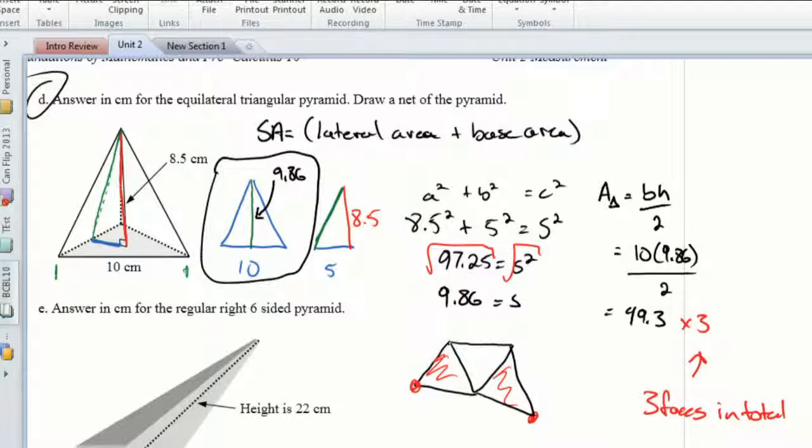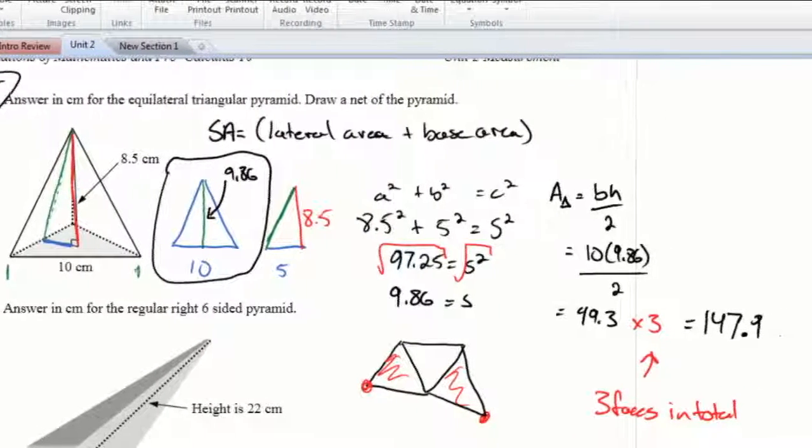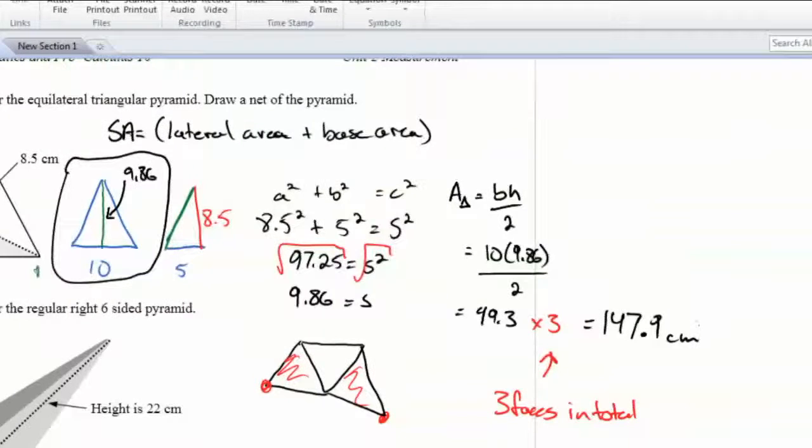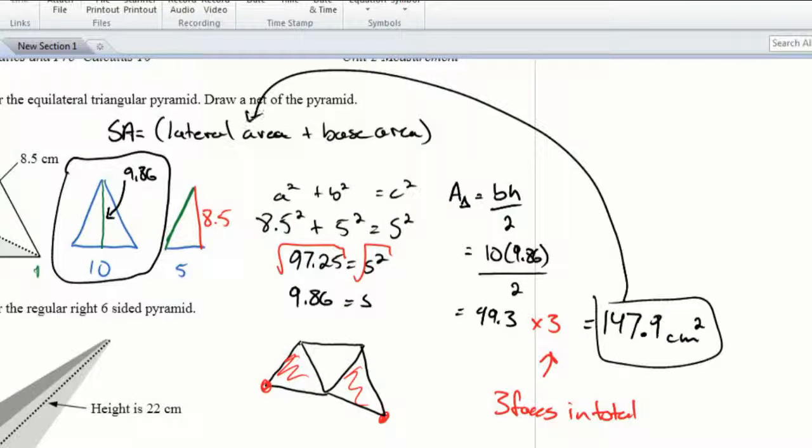So the lateral area is going to be 147.9 centimeters squared. I know that it's going to go back up into the question into the lateral area.